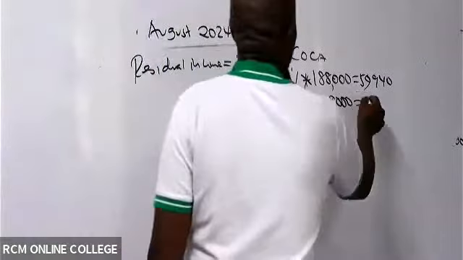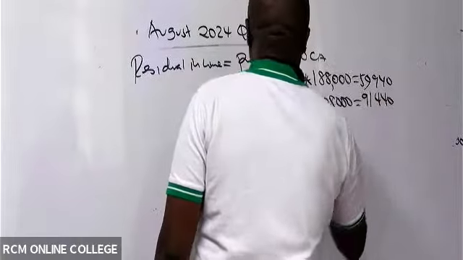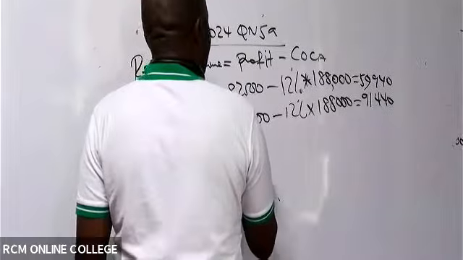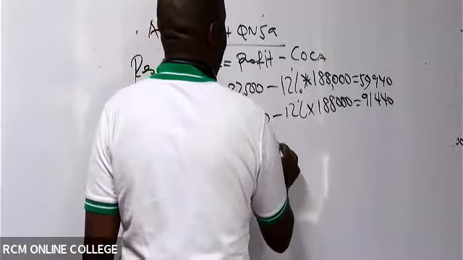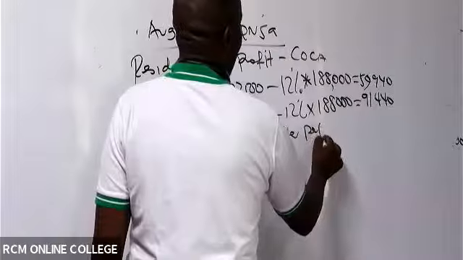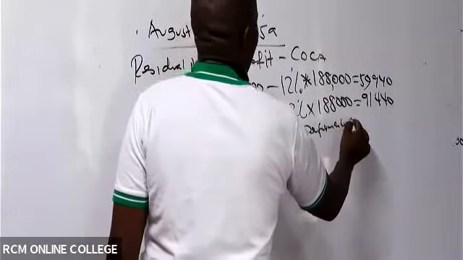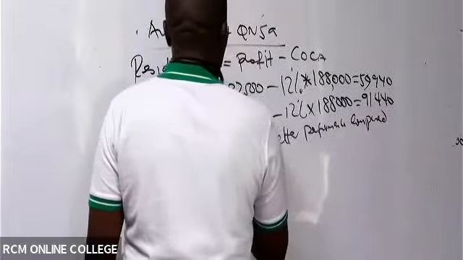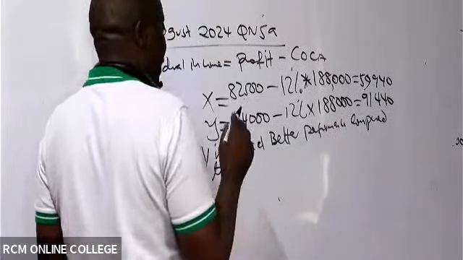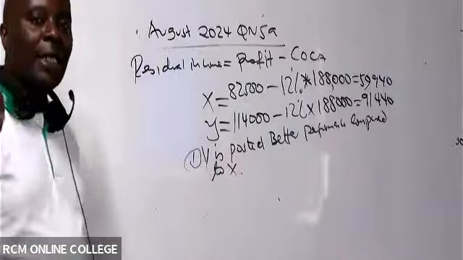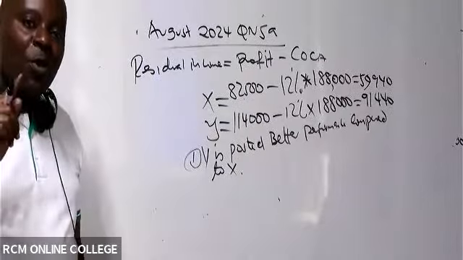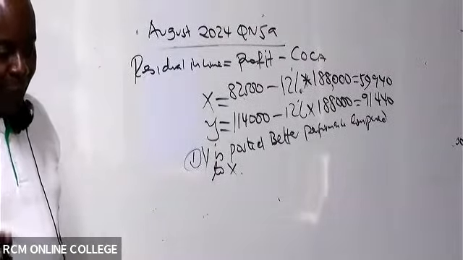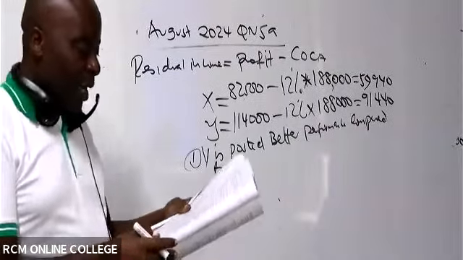91,440. So the first comment in terms of performance appraisal is to recognize the fact that Y posted better performance compared to X. Why? Because generally, just as with ROI, the higher the residual income, the better the performance. Do we have any targeted residual income?